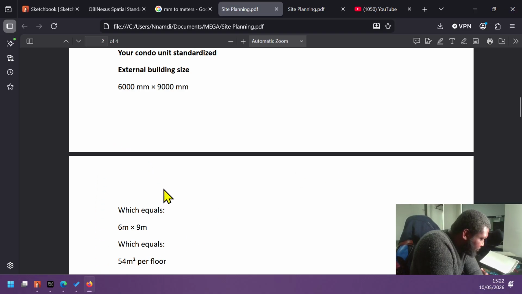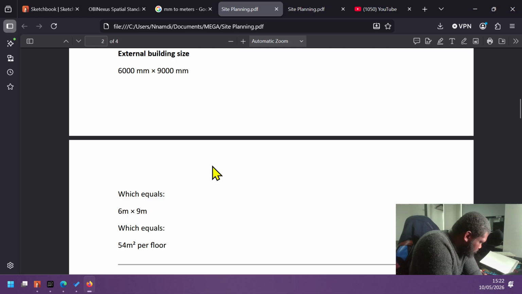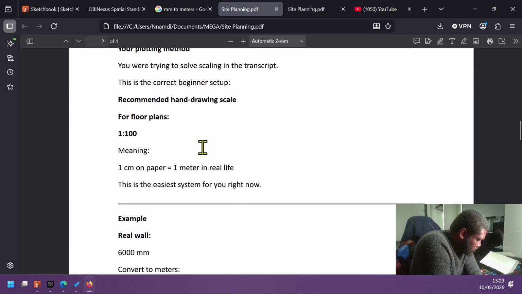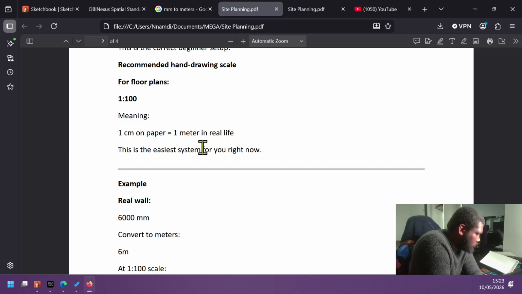So 6 meters represents 60,000 meters. So you know, for one centimeter, 1 meter would be like this.